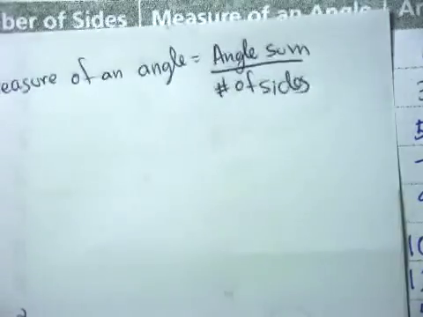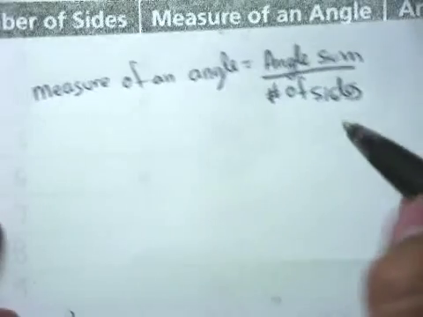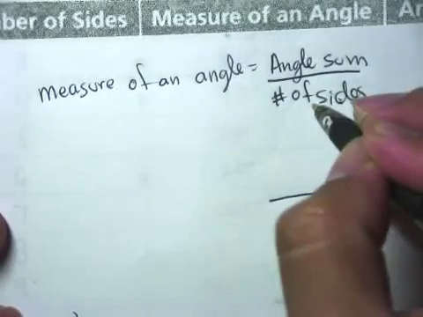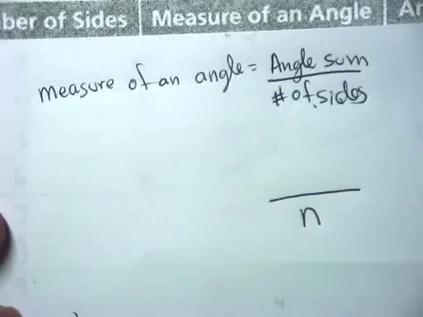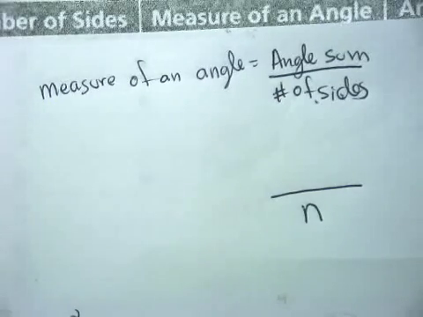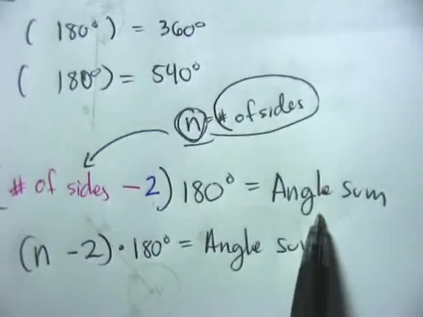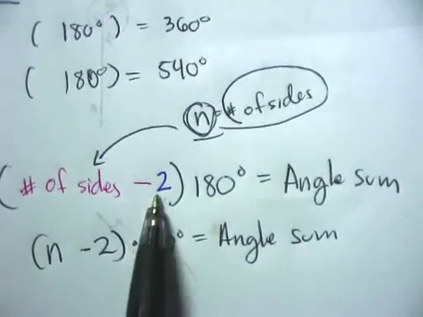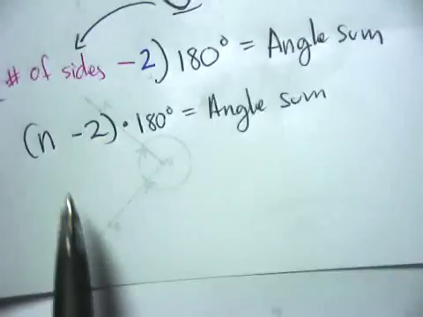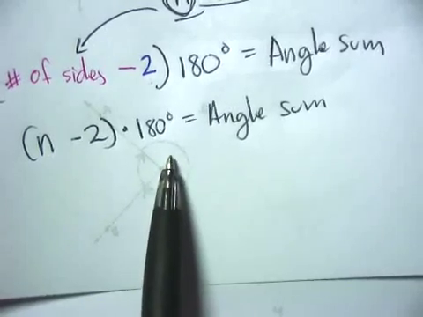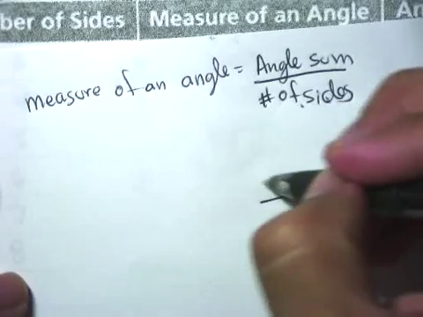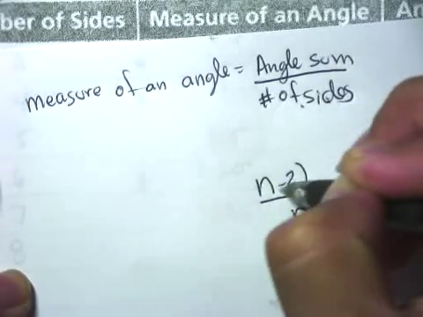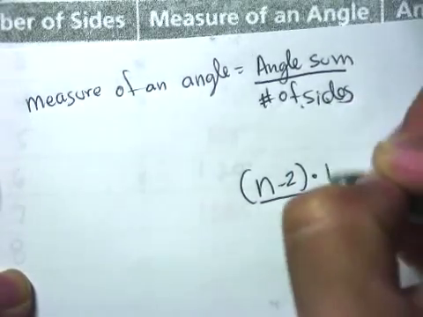Okay? So instead of number of sides, I'm going to put n instead. So I'm going to rewrite this equation: number of sides, we said, was the variable n. And the angle sum was number of sides minus 2 times 180, or n minus 2 times 180. So this is our angle sum, and I'm going to write that in instead of here.